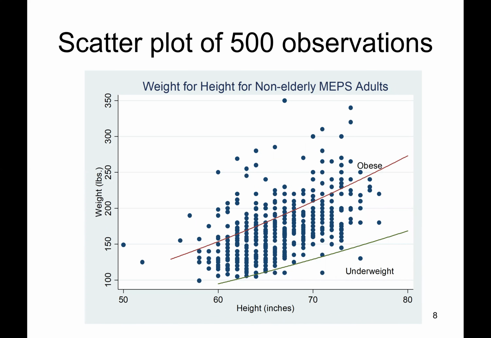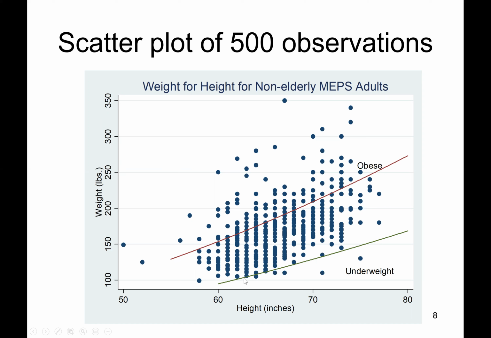Let's just take a look at a scatter plot of 500 observations. That's a little bit easier visually, I think, than plotting all 13,000. So here we've added lines for BMI categories. So this is again a scatter plot. Height out here on the x-axis, height's our x variable. Weight up here on the y-axis, that's our y variable.